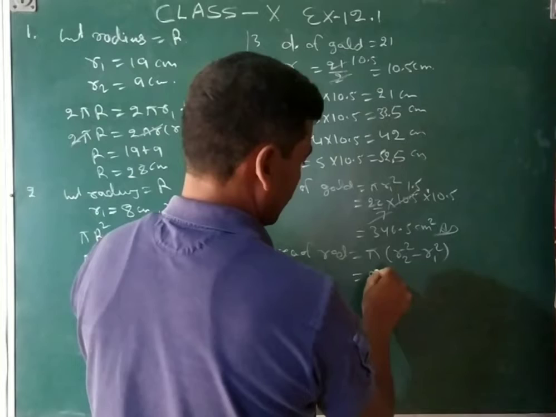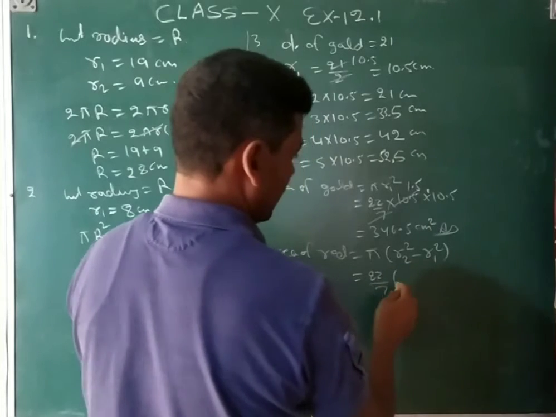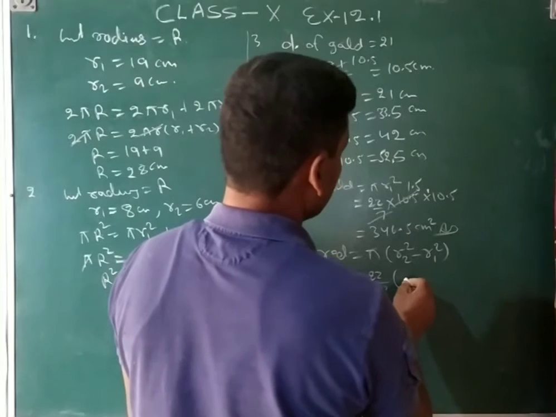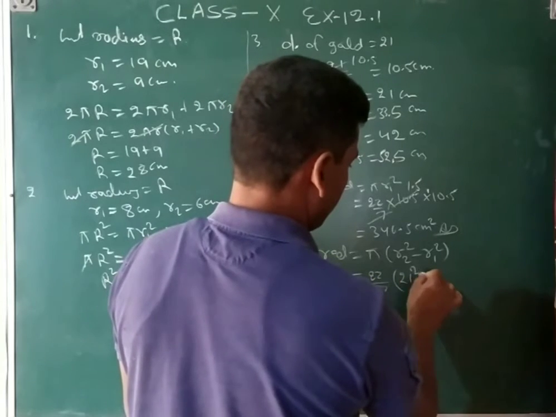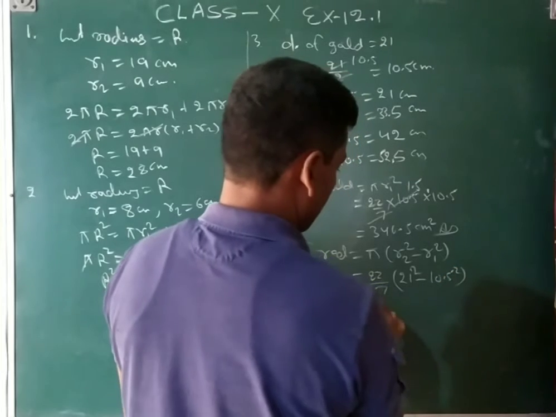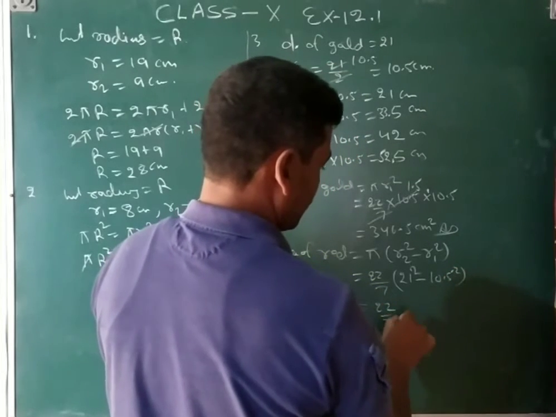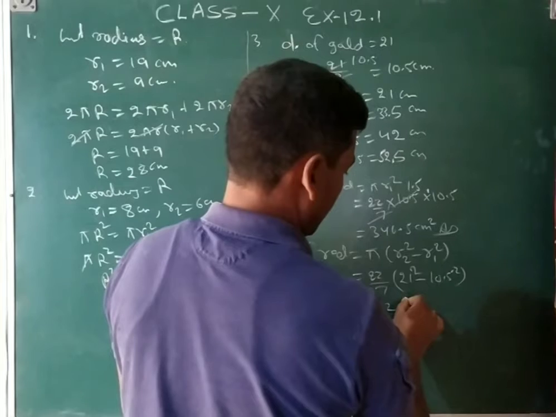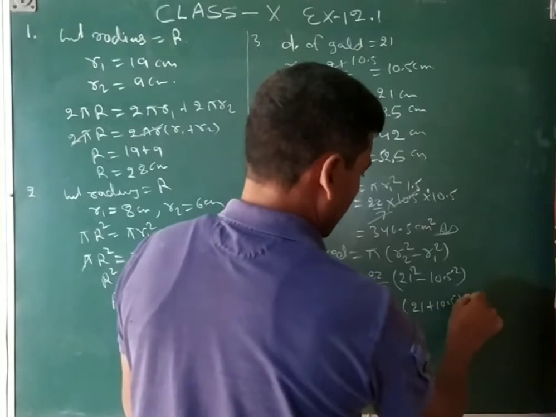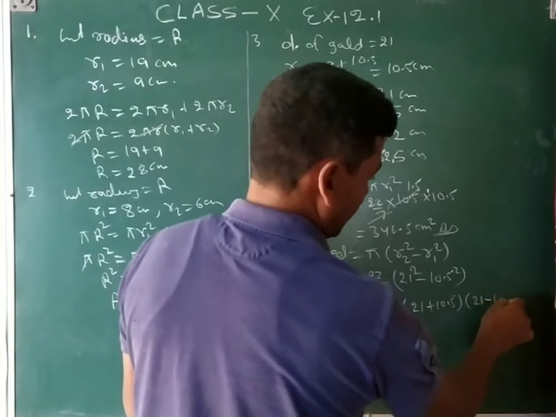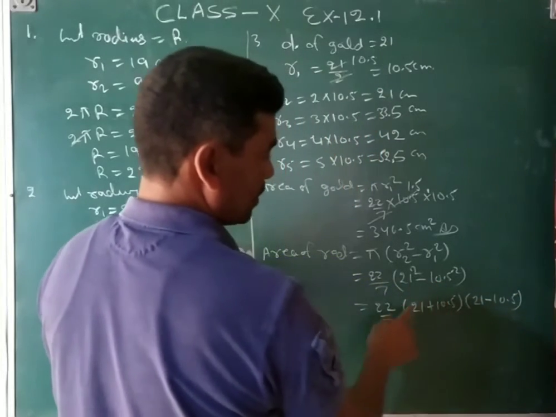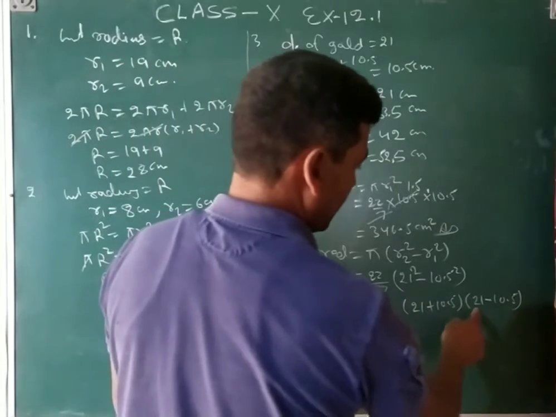So 22 upon 7 into bracket 21 square minus 10.5 square. So 22 upon 7, that will be 21 plus 10.5 and 21 minus 10.5, by the identity a square minus b square is equal to a plus b into a minus b.